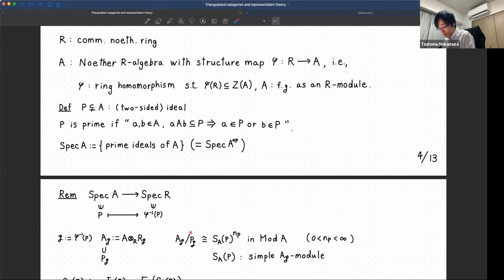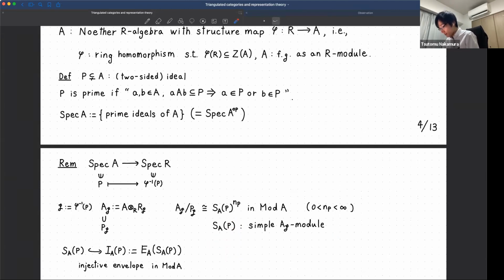If we consider the quotient ring, then as a right A_p-module, it decomposes into a finite direct sum of N_P copies of a simple A_p-module, namely a locally simple module. The number N_P is uniquely determined by P. I will sometimes use this number later.